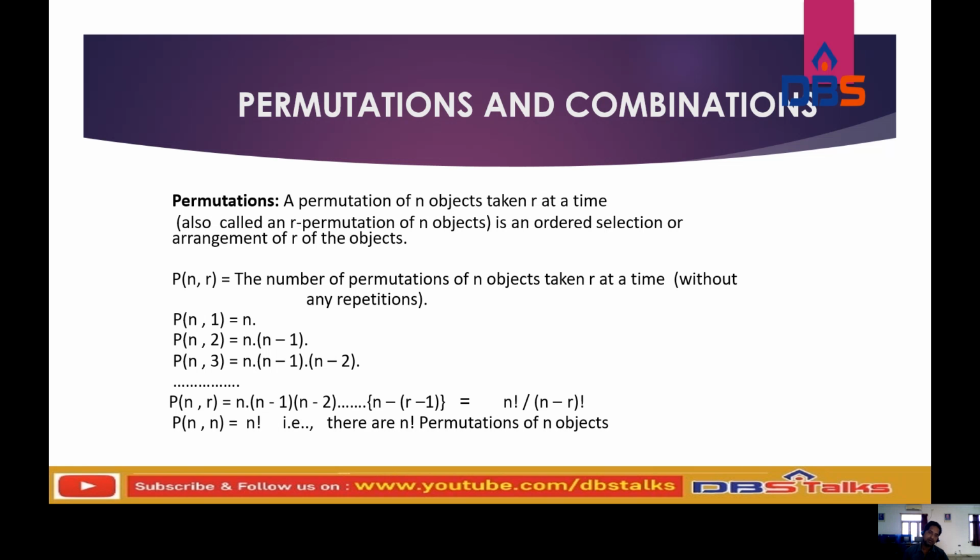And P of n comma 1 equals n, P of n comma 2 equals n into n minus 1, P of n comma 3 equals n into n minus 1 into n minus 2, and so on. P of n comma r equals n into n minus 1 into n minus 2, and so on, up to n minus (r minus 1), which is equal to n factorial by (n minus r) factorial. These are the formulas. Then P of n comma n is equal to n factorial, that is, there are n factorial permutations of n objects.